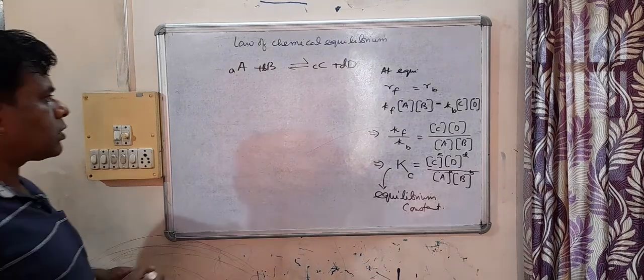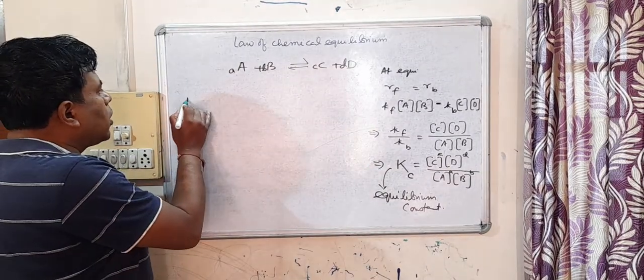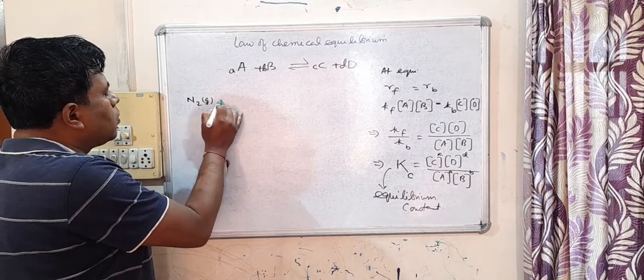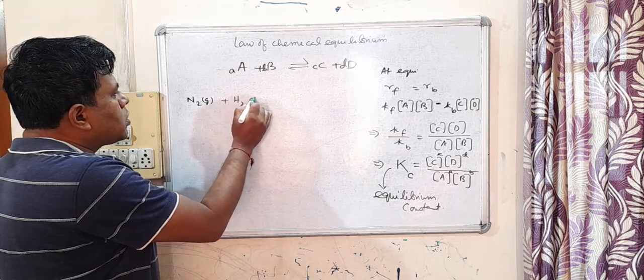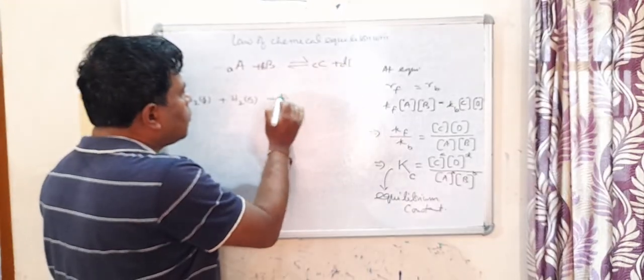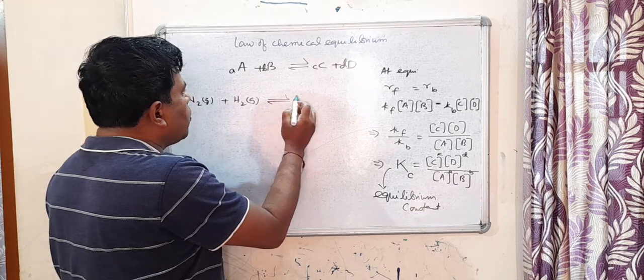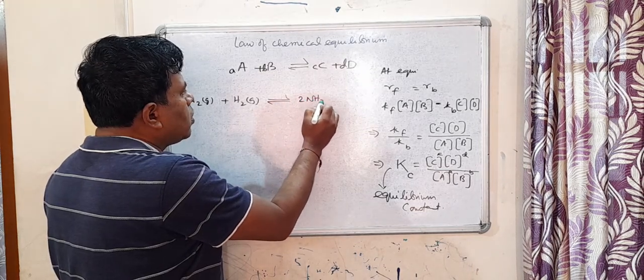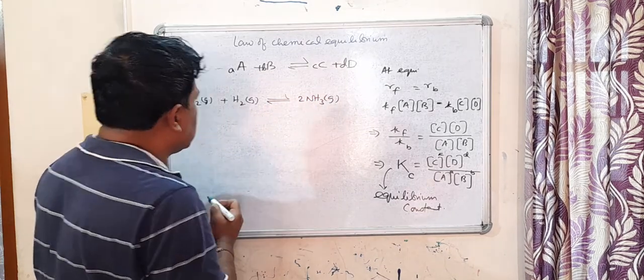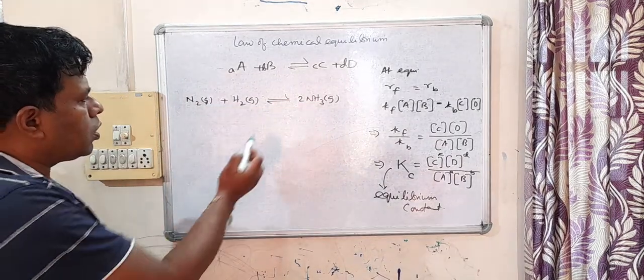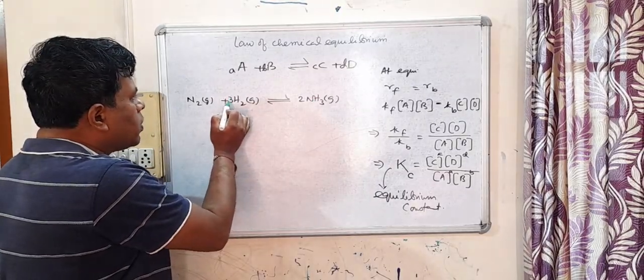Suppose we have this chemical equilibrium, nitrogen gaseous plus hydrogen gaseous, reversible or in equilibrium with 2NH3 gaseous. So to balance it, we put just a 3 with hydrogen.